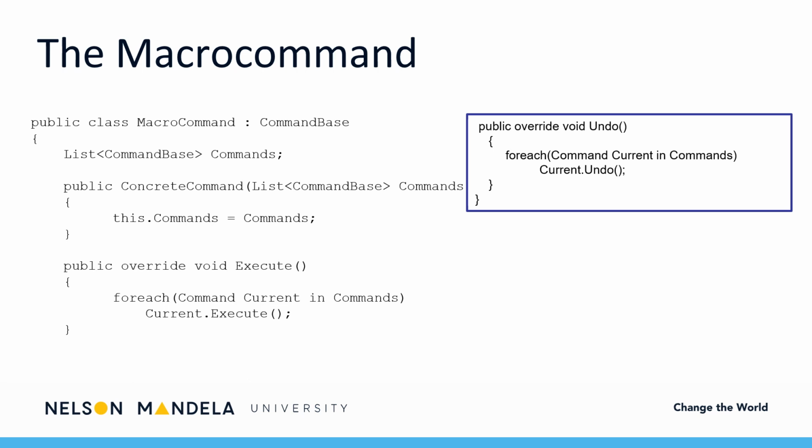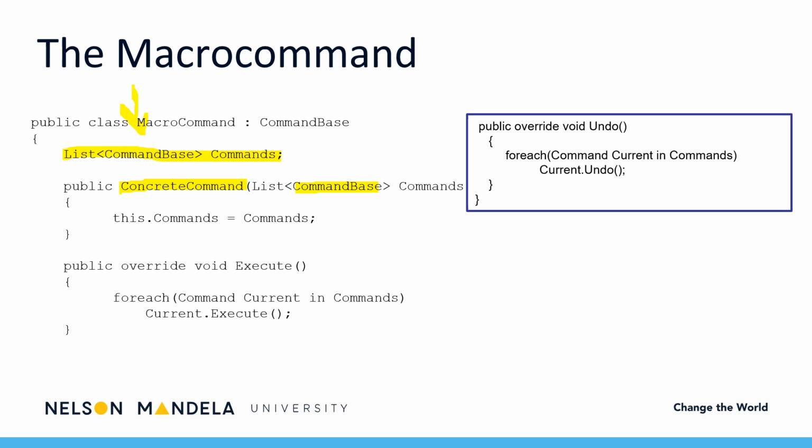So now your macro command over here, let me just grab a highlighter. So what we do is we load our list with a number of commands that should be executed. We just pass that through in the list of commands.